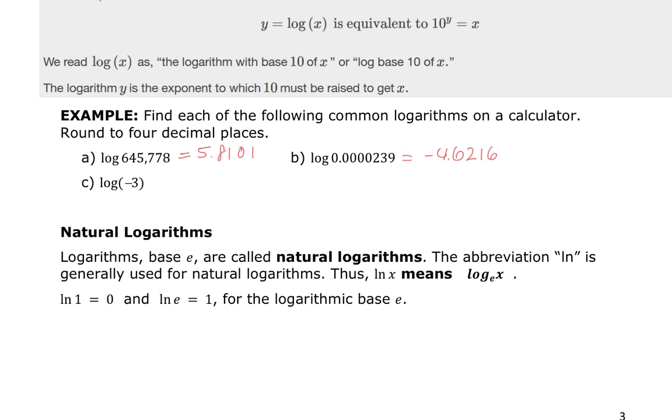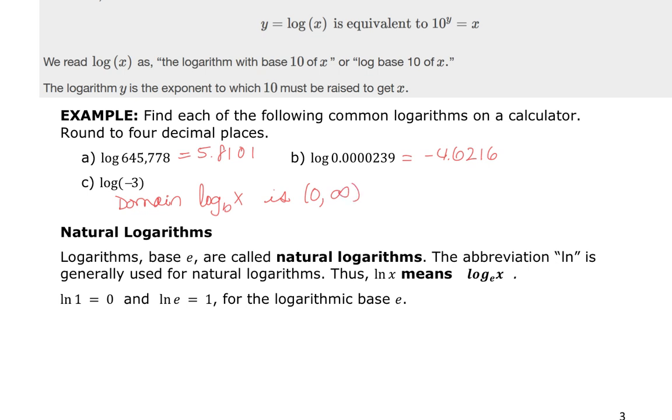4.6216. And then if you were to try to do the log of negative 3, if your calculator allows you to, you're going to get a complex number. And you're like, what just happened? Well, remember that the domain of the log base b of x is 0 to infinity, not inclusive of 0.